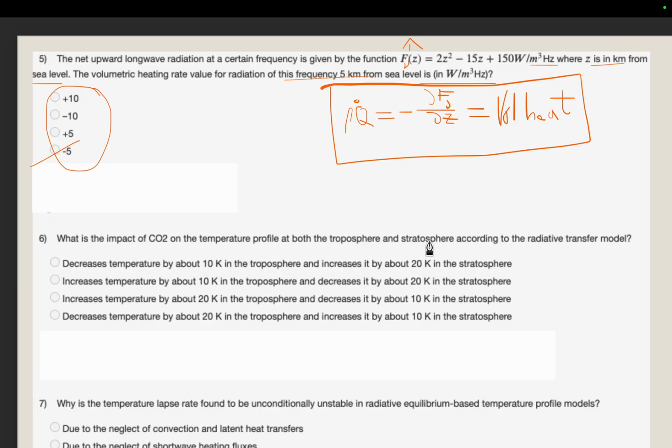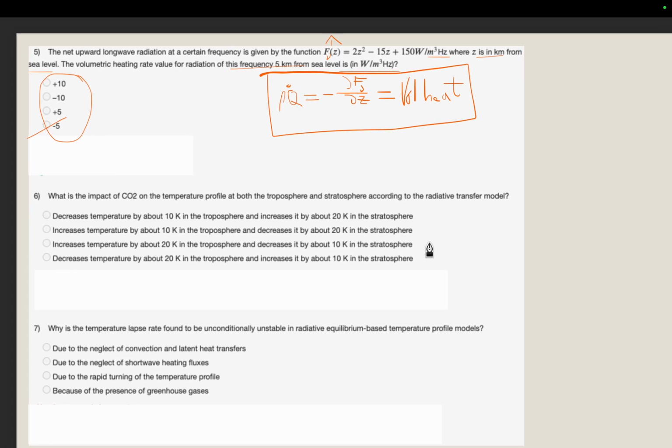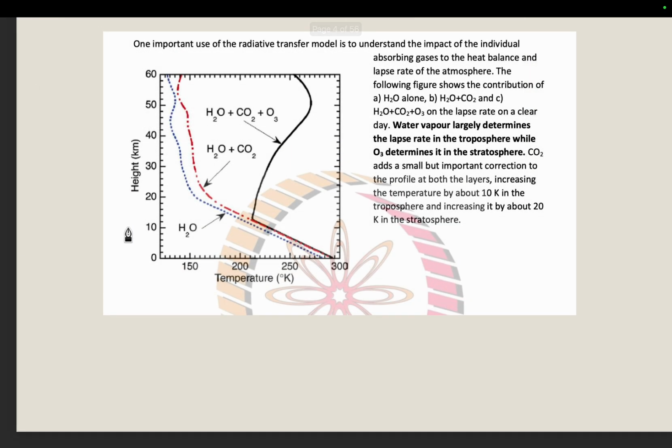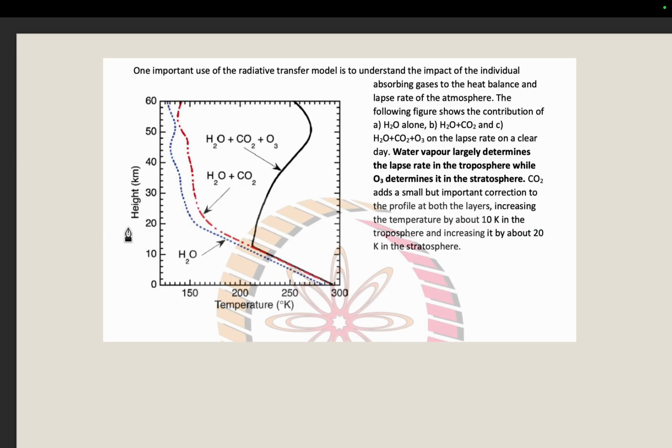Before doing this question, we will just recall our understanding of this radiative transfer model: water vapor is the key thing which determines the lapse rate in the troposphere, and for carbon dioxide, in the stratosphere there is some shift of this line, and in the stratosphere the line for O3 shifts more.